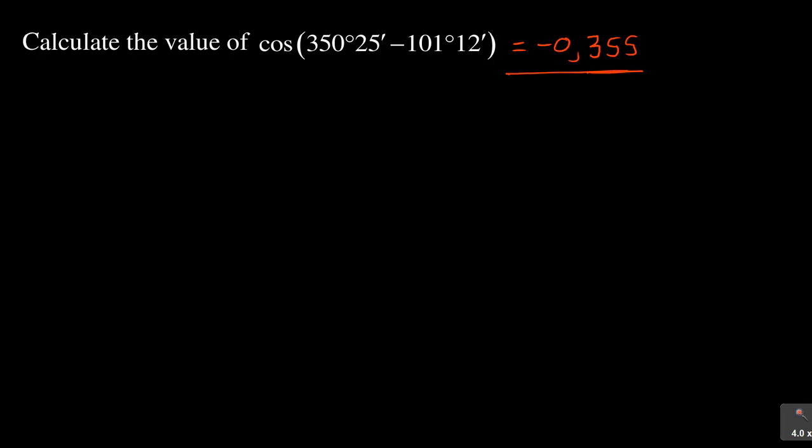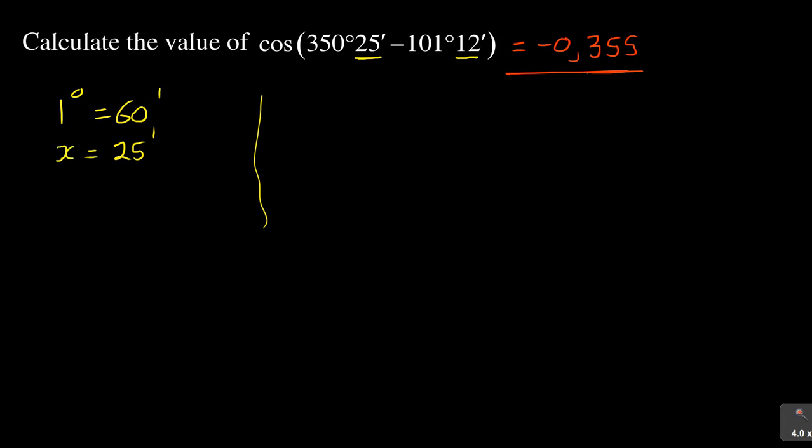Or if you wanted to do some working, what you needed to do is to look at those minutes. Remember, we have got 1 degree is equal to 60 minutes. So if you're going to work on it like that, then you ask yourself in here, what about 25 minutes is equal to x degrees?